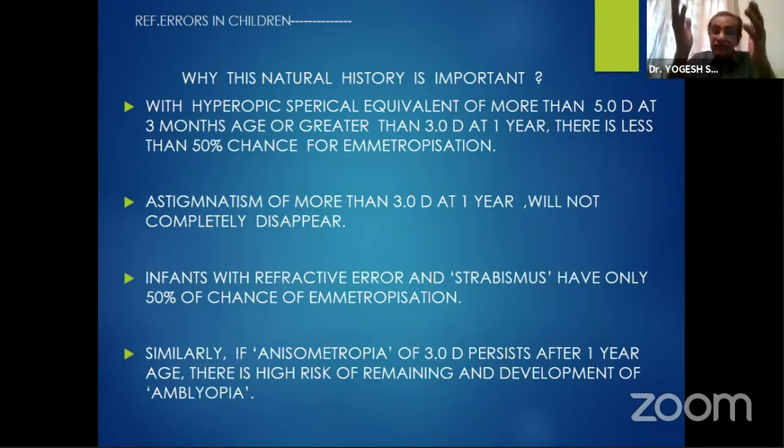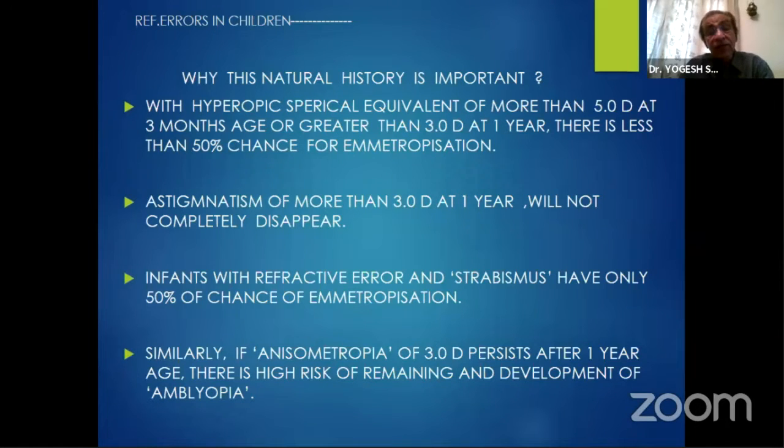So these are the parameters which you come across when you are examining a child. The child may come with watering of the eyes, pain in the eyes, when they start working at 3 years, or start playing with toys at 2 or 3 years of age.